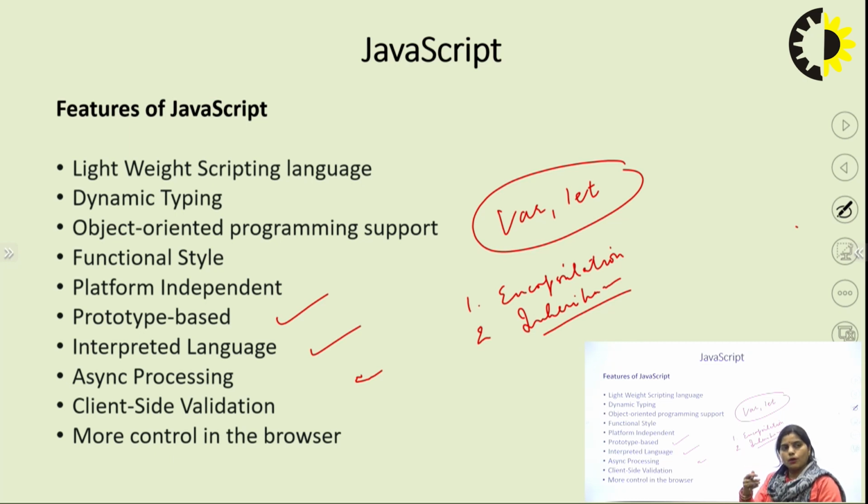They go on taking the requests from the client side, and they immediately perform the responses in parallel, without having to wait for the next request. The second last feature is client side validation.